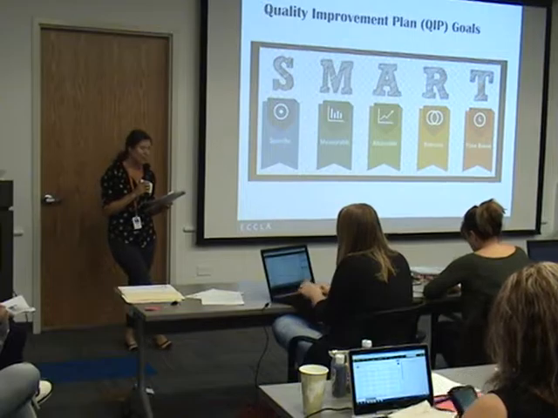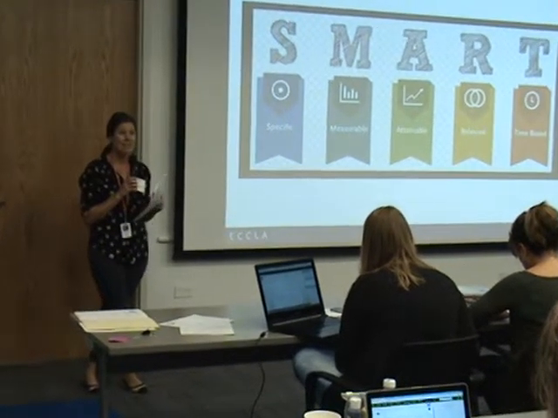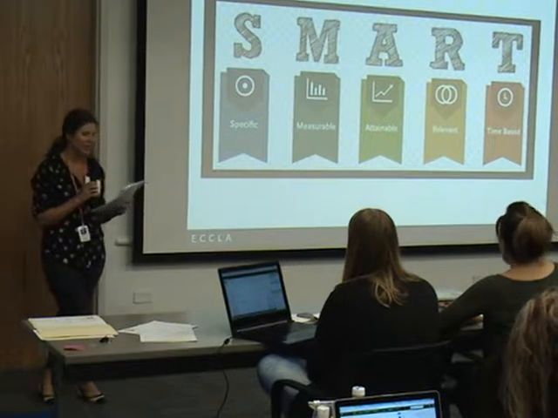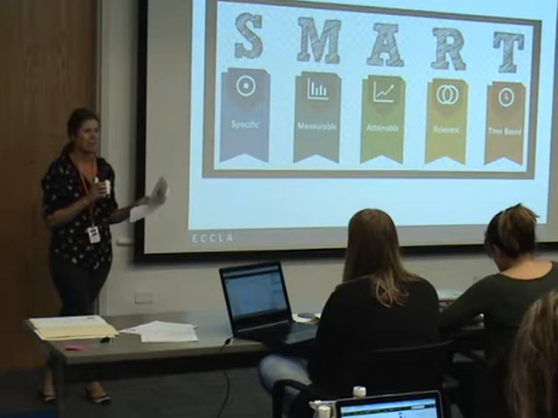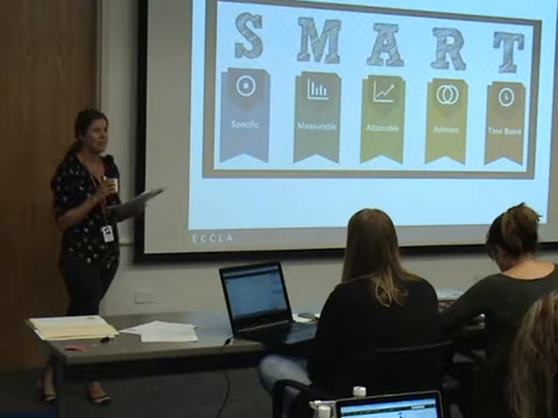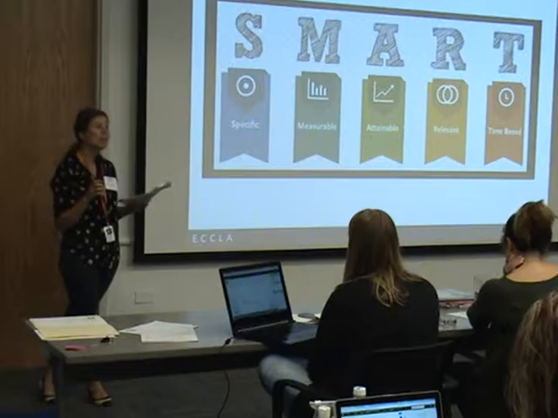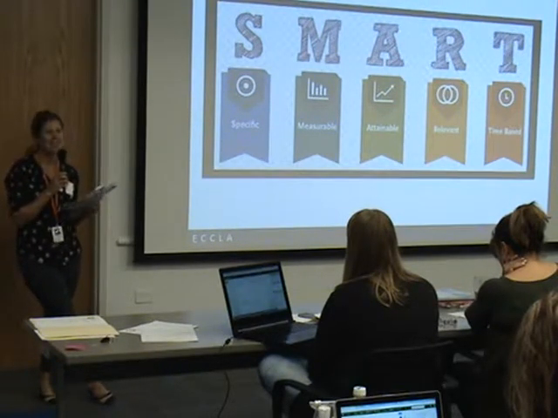So a SMART goal is something that's specific, so the goal is clear and detailed. It's also measurable, so it includes concrete criteria for measuring progress to know your investment or the activity is having an impact. It's attainable, so we want to stretch and reach and push the programs that we're working with to improve their quality, but we don't want to have anything that's too extreme.